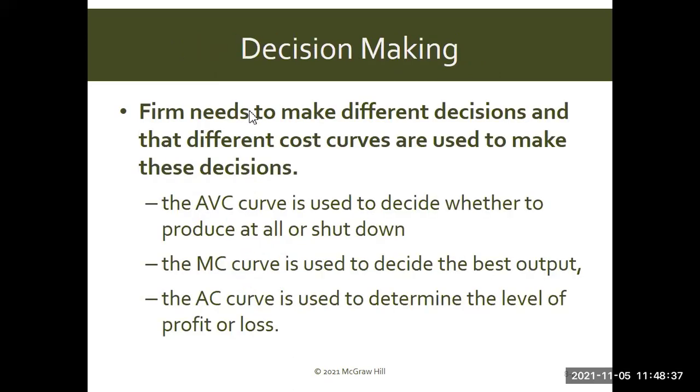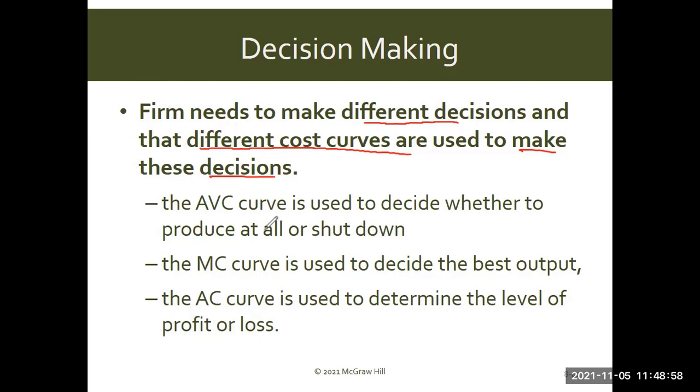Now, they need to make these different decisions, and they're using different cost curves to make those decisions. So there's 3 different decisions they have to make, and there's different cost curves they use to make those decisions. And firstly, the average variable cost covers the variable costs of production.